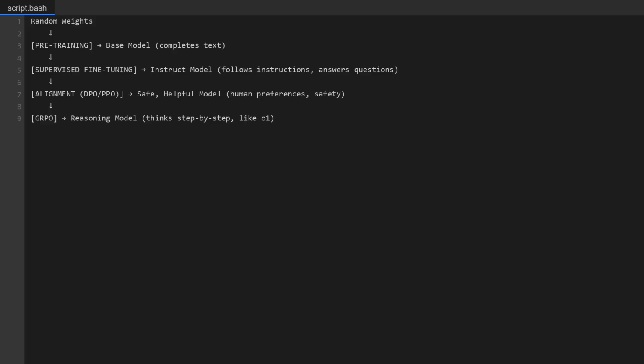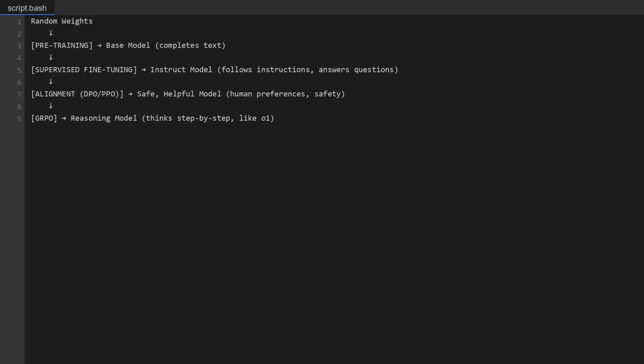It starts with random weights, literally noise. The model knows nothing. Through pre-training, it learns to complete text, and that process gives it language understanding and world knowledge. The result is called a base model. Then supervised fine-tuning transforms that base model into something that actually follows instructions, an instruct model.